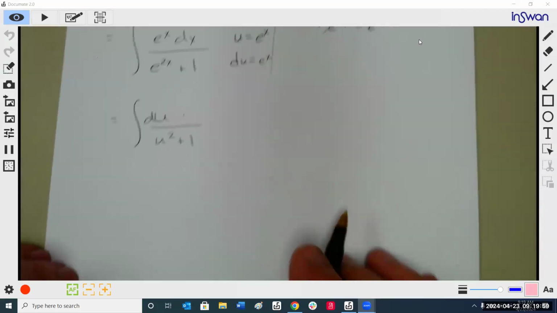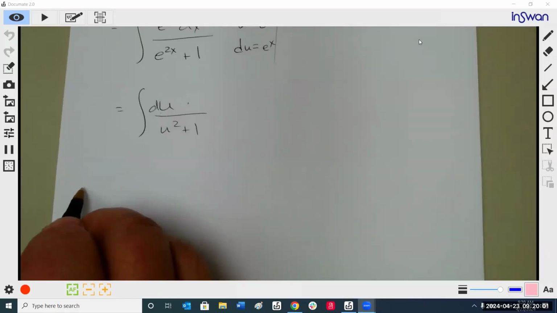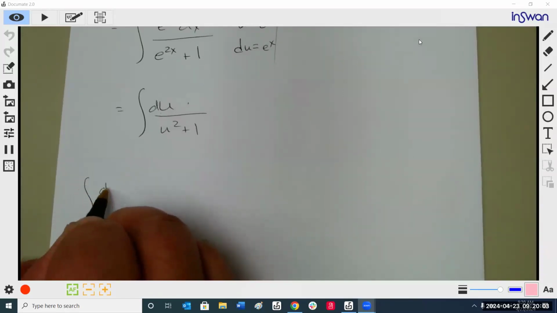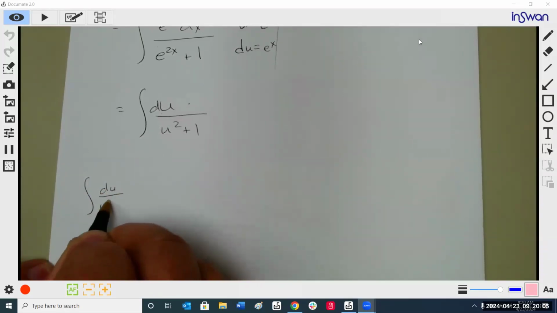If you look in your sheets, we'll look for this type of thing: du over u squared plus a squared.